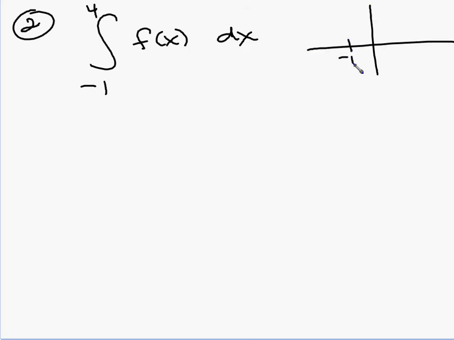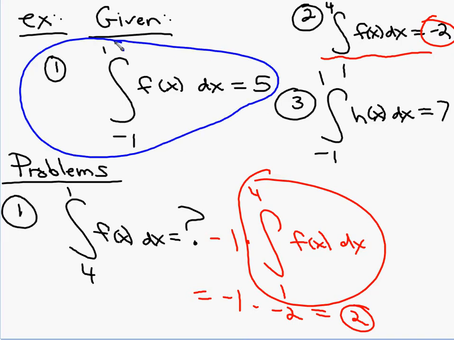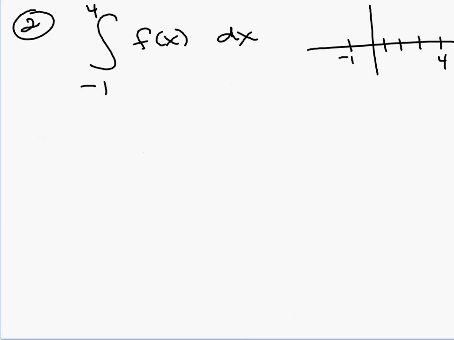Here's negative 1, 1, 2, 3, 4. Can't I add two of the pieces of information I got together? Look, I was given what the integral is from negative 1 to 1, and I was given what it is from 1 to 4. So using that additivity rule that we just learned, I can add the two together.